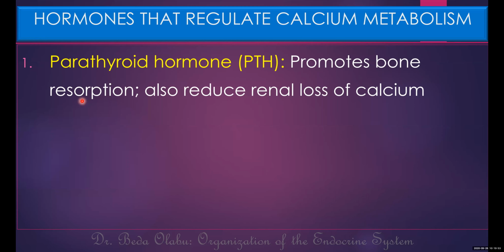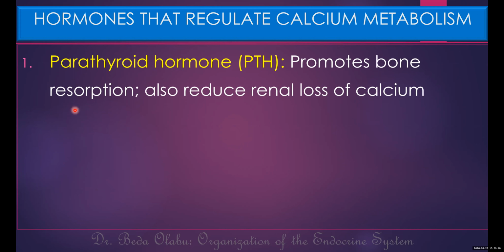It will elevate the serum calcium levels through bone resorption. It breaks down bone. Remember, calcium is stored in bone mineral. If you're breaking bone matrix, then you release the calcium ions into the blood. And so PTH elevates serum calcium.